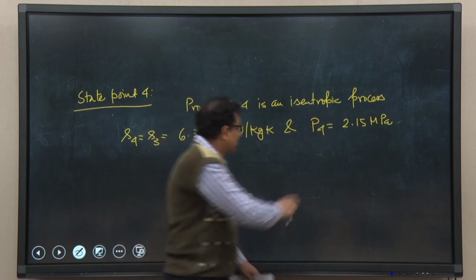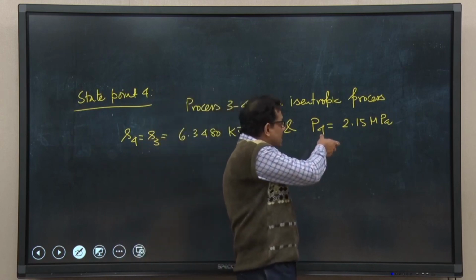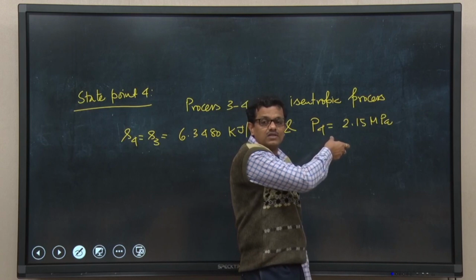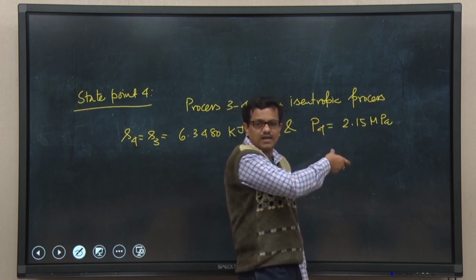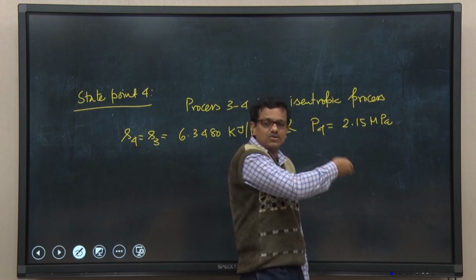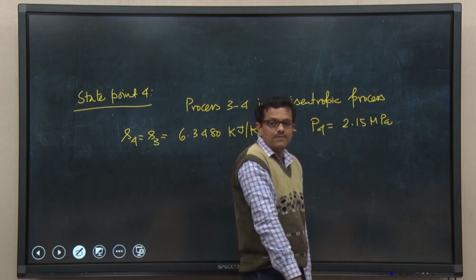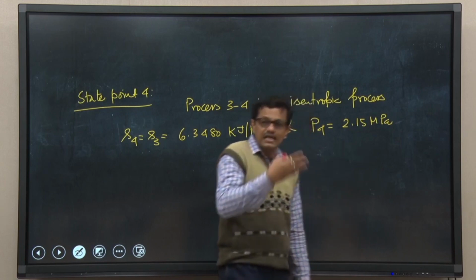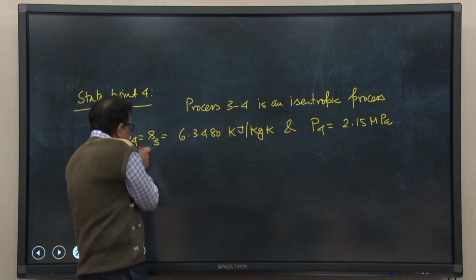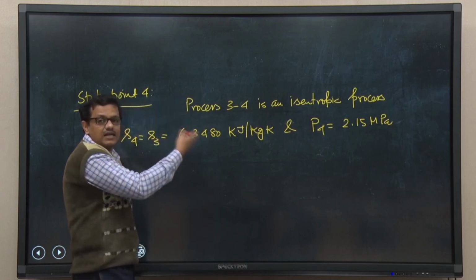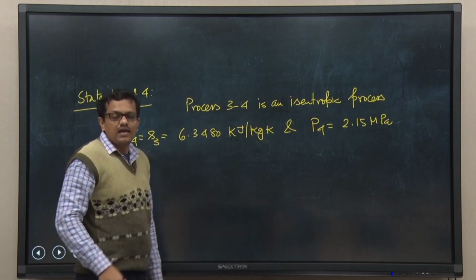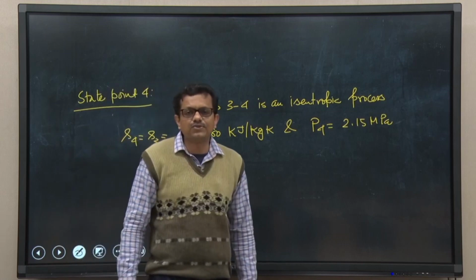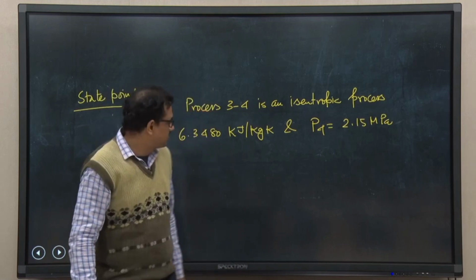How? Because we know the pressure. At that pressure, if we find the saturated entropy Sg from the saturated water steam table, and if S4 is higher than Sg, then we can ascertain that point 4 should be in the superheated regime.